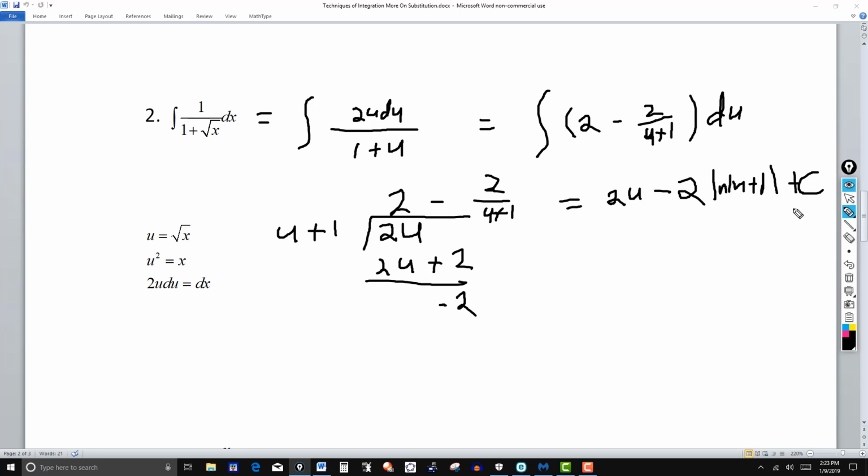Over here u is the square root of x, so just make your substitution. This will be 2 square root of x minus 2 ln of square root of x, absolute value, plus 1, plus c. That's your answer.